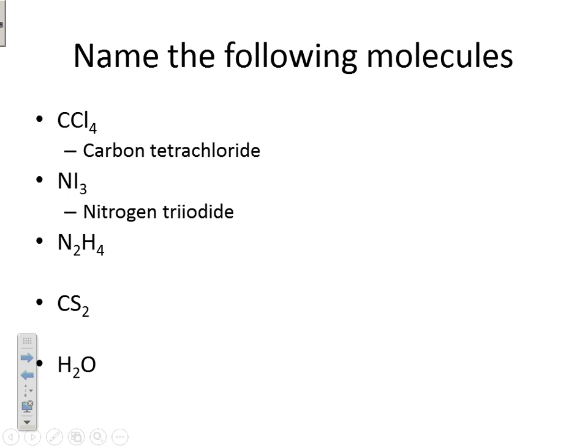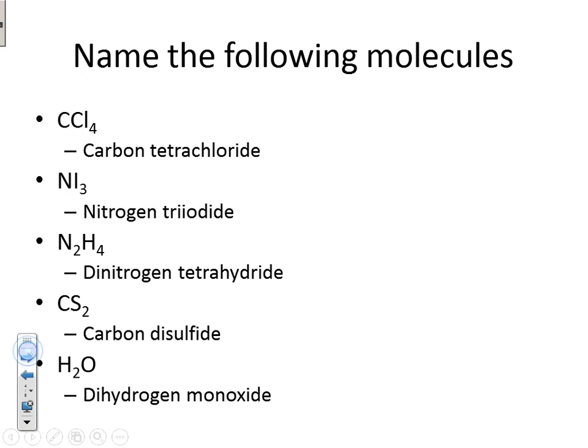N2H4, prefix for 2 is di, prefix for 4 is tetra, so this would be dinitrogen tetrahydride. You wouldn't say tetrahydrogen, you'd say tetrahydride. CS2, carbon disulfide. And H2O, the technical name for water, is not water. It's actually dihydrogen monoxide, right? Sounds very, very dangerous, but it's just water. But that's its actual name, dihydrogen monoxide.